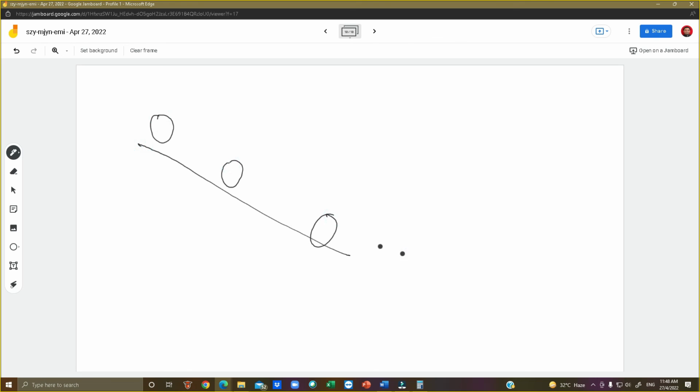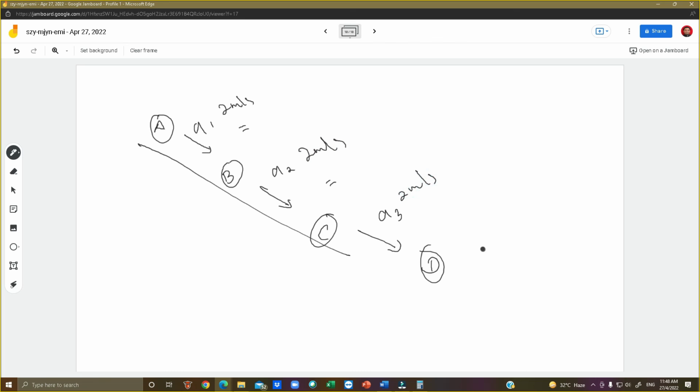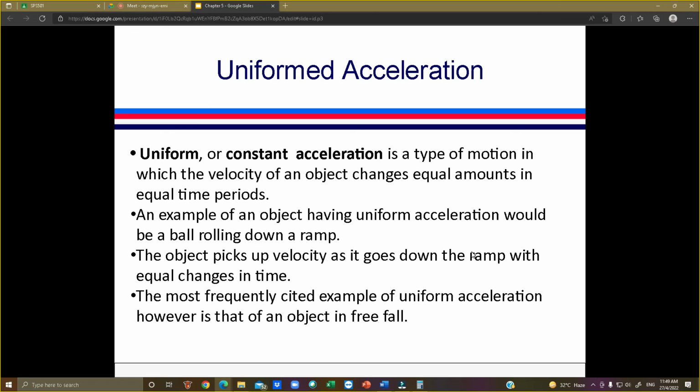Let's take 3 or 4 places: A, B, C, D. If the shape is permissible, what is going to happen is, at every single point of time, if you calculate the acceleration, A1 equals A2 equals A3. Meaning, if A1 is 2 meters per second, A2 is also 2 meters per second, A3 is also 2, A4 is also 2, meaning every single second the speed is going to increase at the same rate. That is the concept of uniform acceleration.